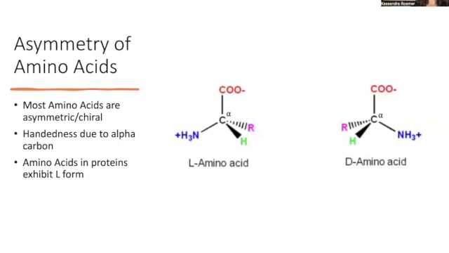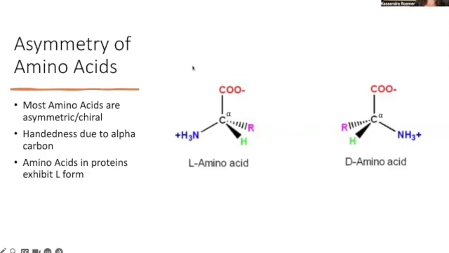And lastly, another important structural feature of amino acids is that they exhibit a handedness. So they are asymmetric, also called chiral. The alpha carbon can be arranged with its side chains in either an L manner or a D manner.